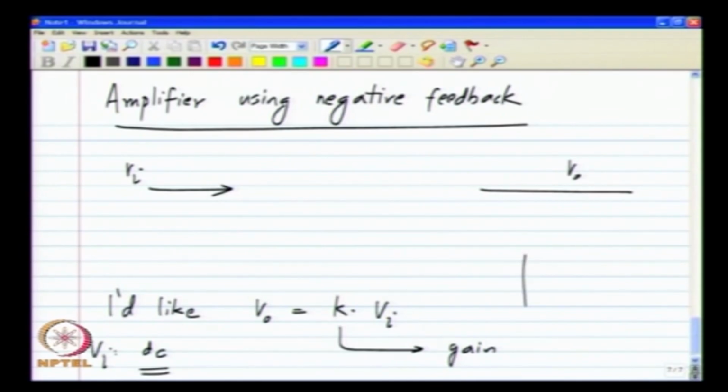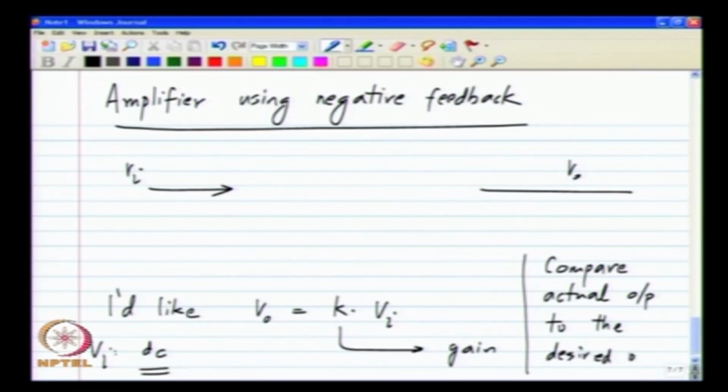We have to compare actual output to the desired output. Okay. This is what I have to do. Now, what is the actual output?